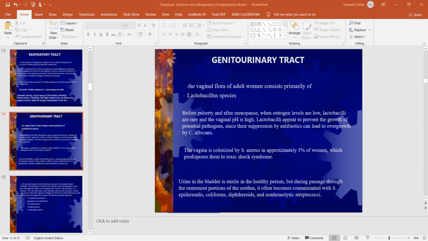Let me write this. Mycobacterium smegmatis. This bacteria is also involved in urinary tract infections, and this is also present in the outlet of the urethra.